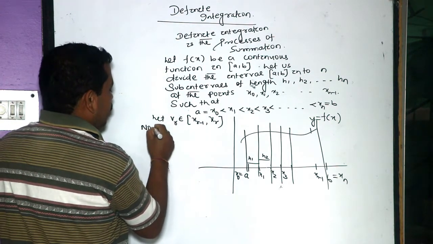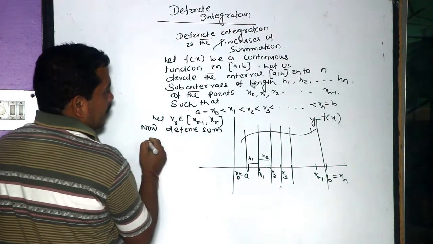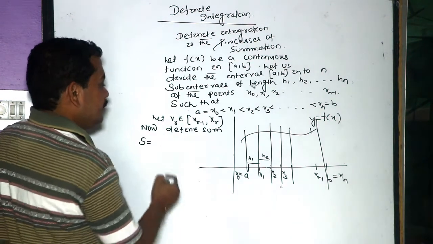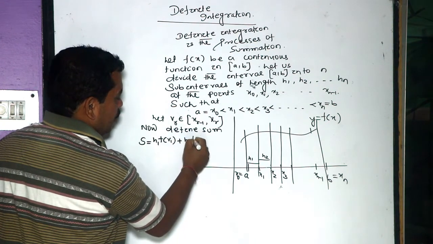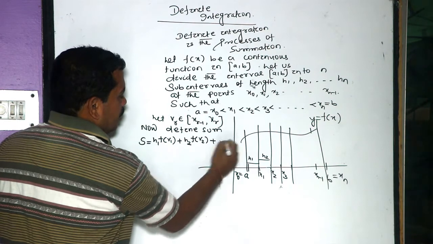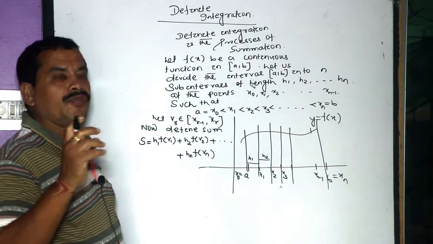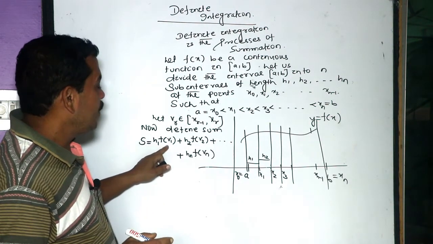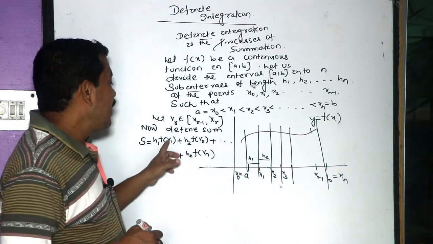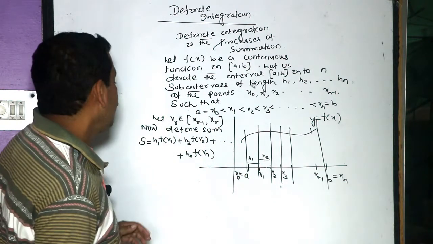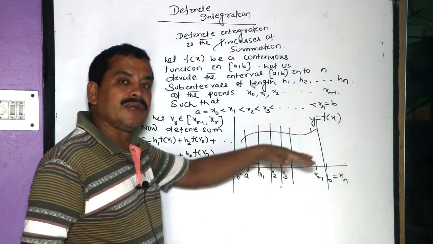Now define a sum S as h1 f(v1) plus h2 f(v2) plus ... plus hn f(vn). Here h1 is the length of the interval, and v1 is a point in between the interval, where v1 is a point between x0 and x1, v2 is a point between x1 and x2, like that.